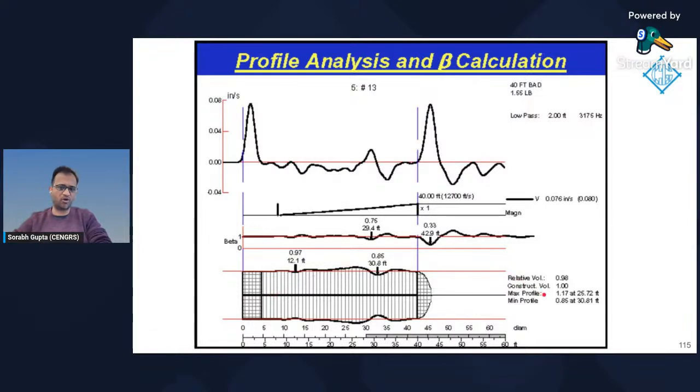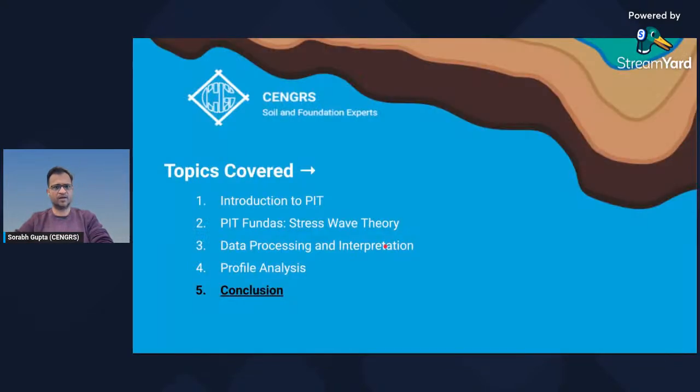Then we can go back to our pour cards and compare the actual concrete consumption measured at site with what we are getting from the profile analysis. If these two match, that's a huge confidence booster for your PIT and profile analysis. So that's it with the profile analysis.